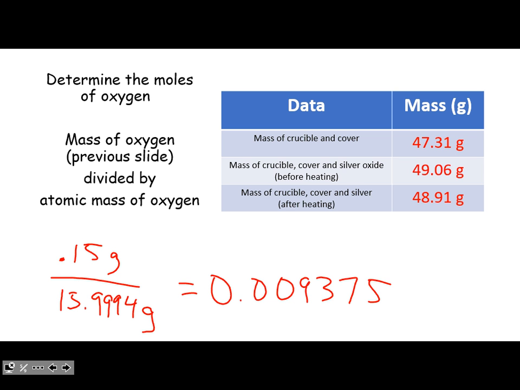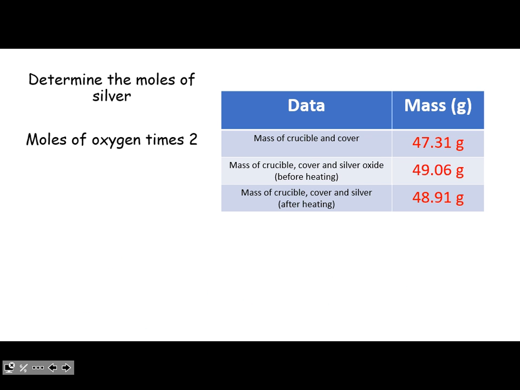So I'm going to round this to 2 sig figs, 0.0094, and I always put my label. That's mole of oxygen. 0.0094 mole of oxygen.